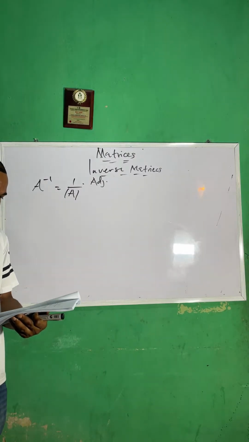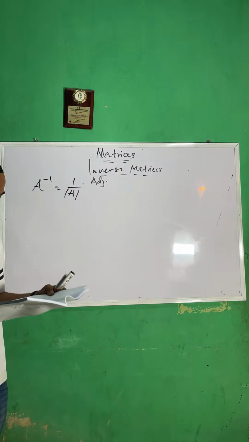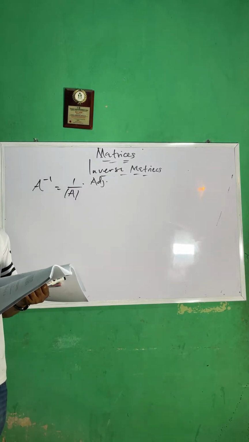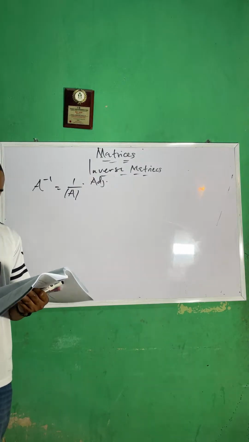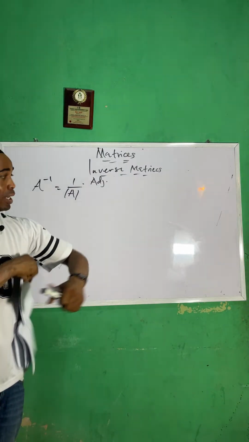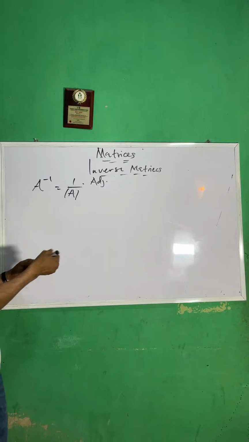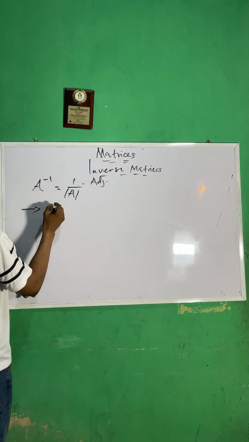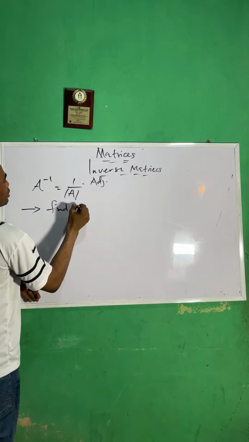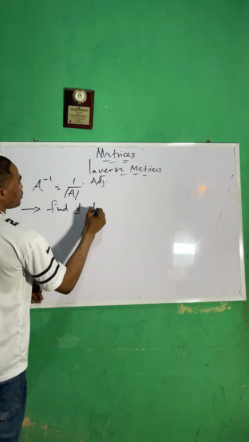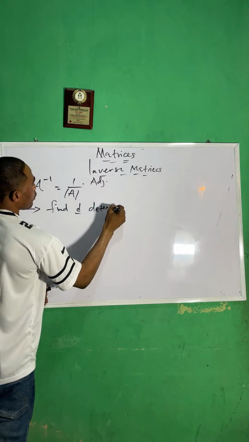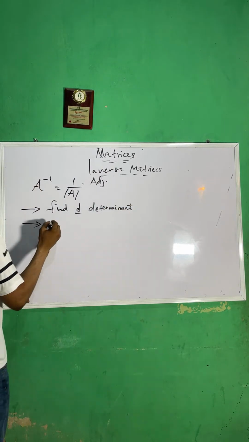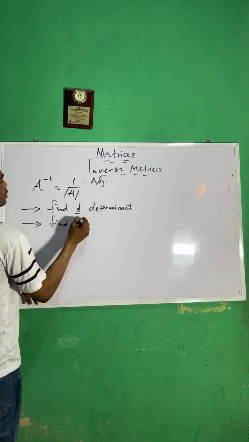There are some rules and some stages that are applied to inverse matrices. The rule is even applicable to matrices 2 by 2 to find the inverse. So the first thing you do for matrices is to find the determinant. And rule 2 is to find the minor.